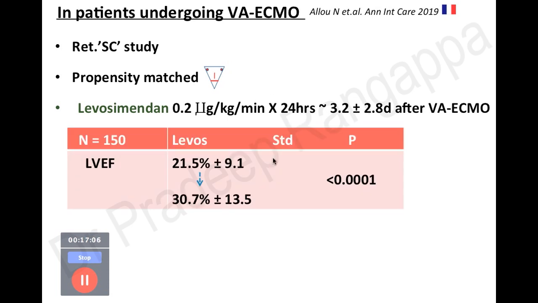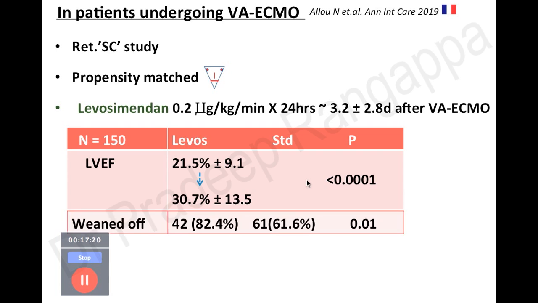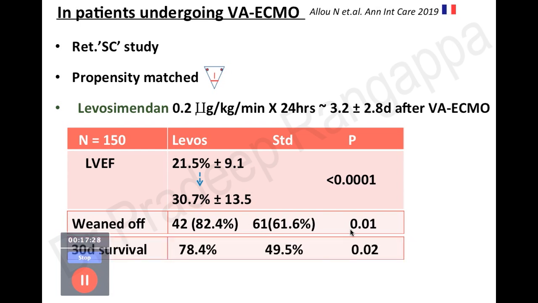So they had 150 patients, and as you see, the left ventricular ejection fraction or systolic function improved from 21.5% to 30.7% in levosimendan as compared to standard. That was statistically significant. And as you see, more patients were weaned off ECMO in levosimendan group as compared to standard, and that was also statistically significant.